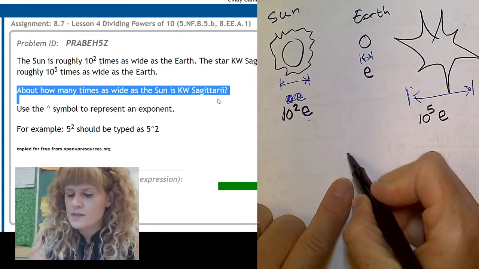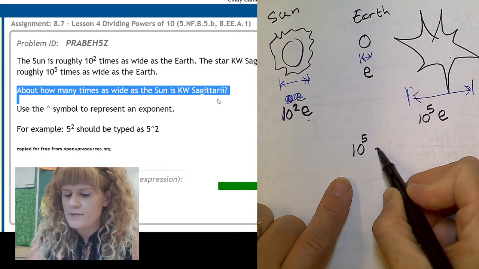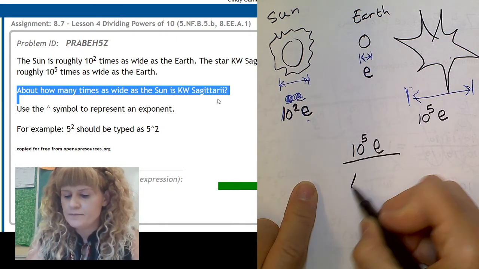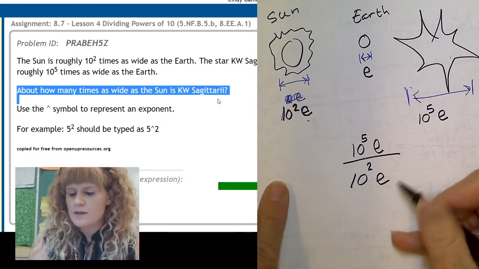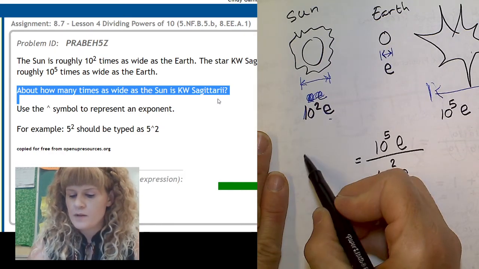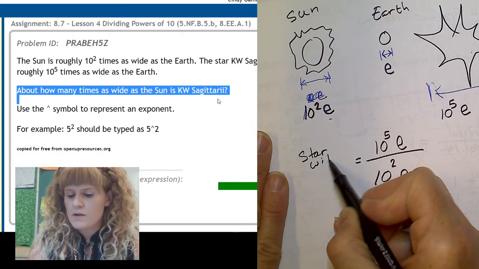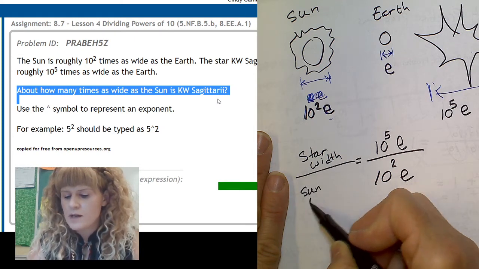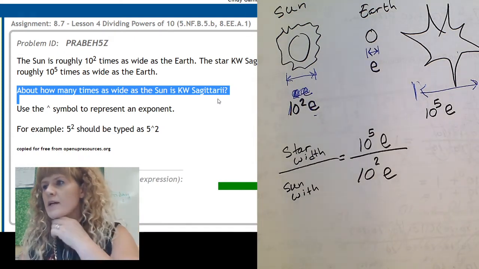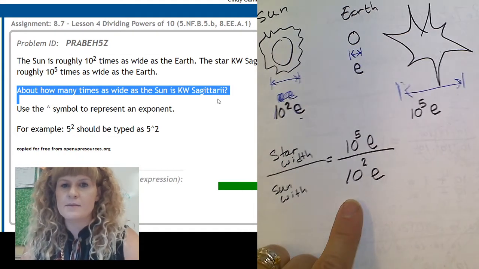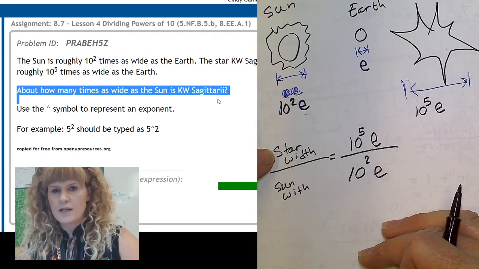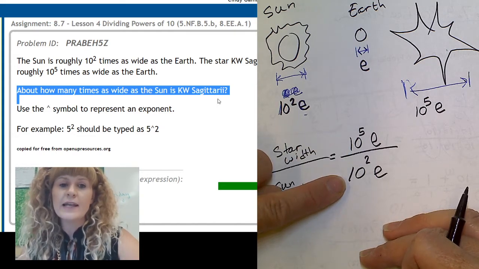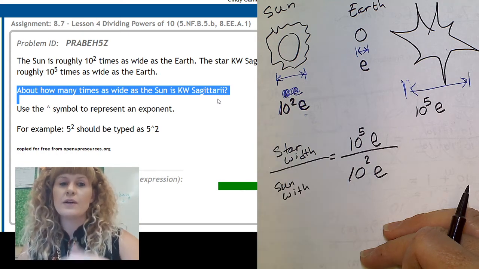So take the width of the star, 10 to the power of 5 times E, and divide that by the width of the sun, 10 squared times E. This is star width divided by sun width, and we're going to get a ratio. Our answer is a ratio that says how many times larger. If you divide the width of something by the width of something else, you find how much larger it is. You get a ratio.